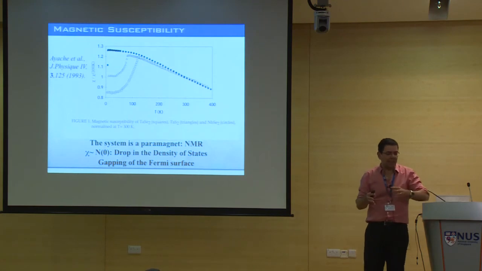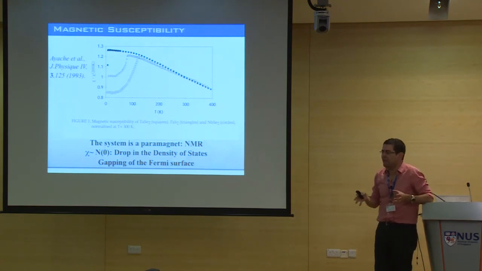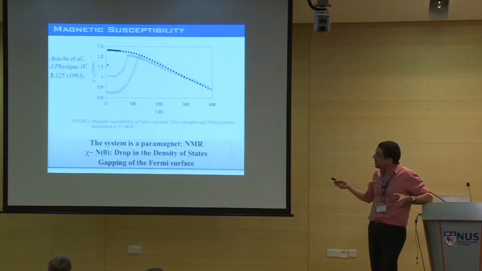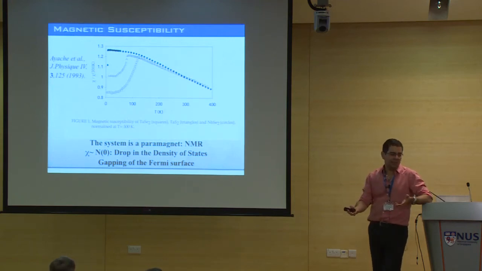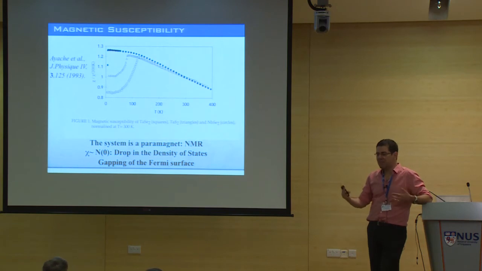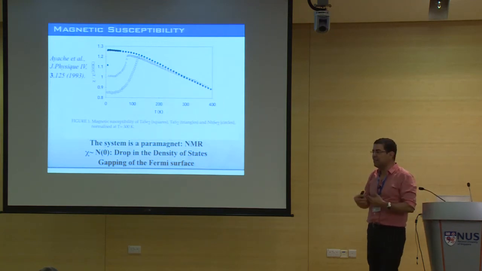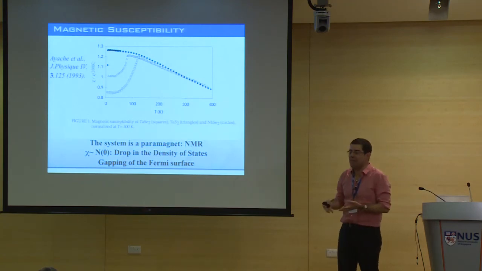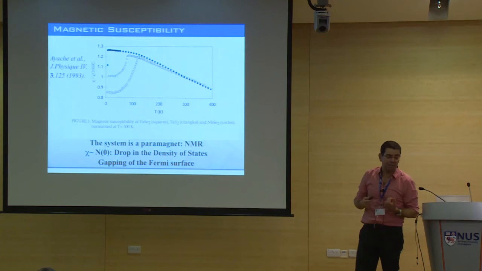Because in a metal, the spin susceptibility is proportional to the density of states at the Fermi energy. So that means that in the charge density wave phase, you are losing density of states. It's gapping. The system is becoming gapped. But you see, the suppression is not complete, in fact. There is no full gapping. The system is not becoming an insulator in the charge density wave phase. It remains a metal, but with lower density of states.